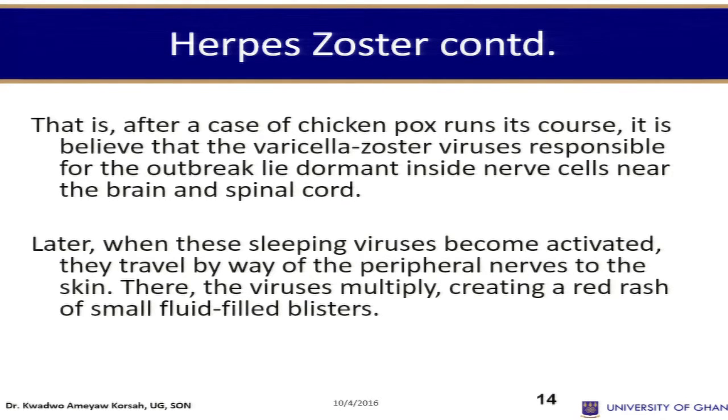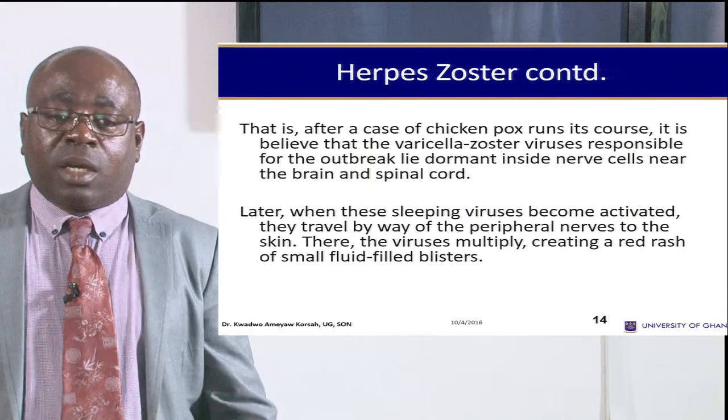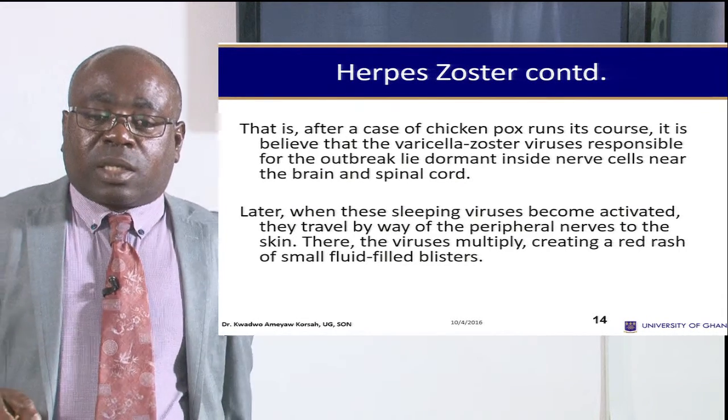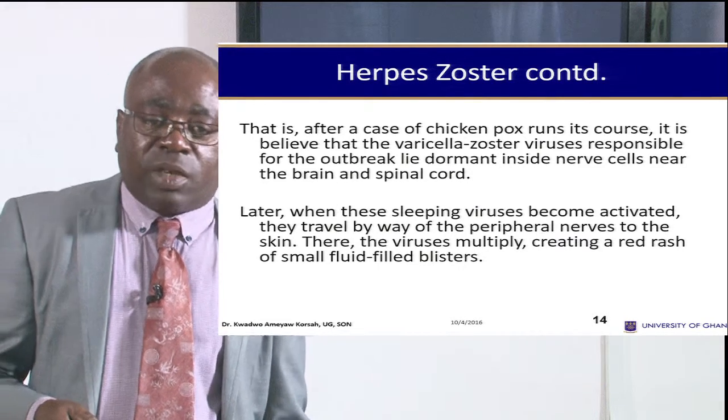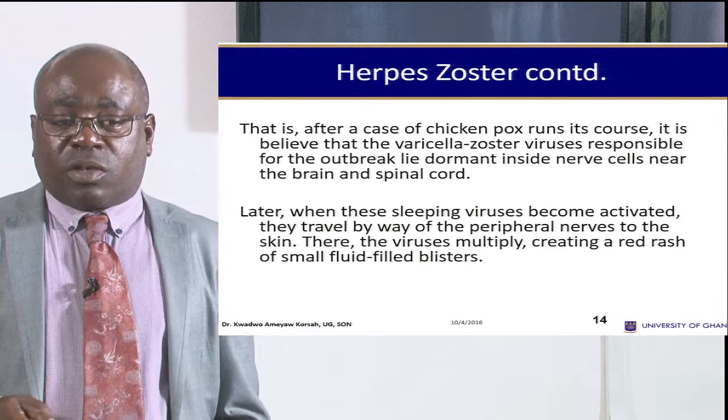After the case of chickenpox runs its course, it is believed that the organism responsible for the outbreak lies dormant inside the nerve ganglia, near the brain and the spinal cord. Later, when these sleeping viruses become activated, they travel by way of the peripheral nerve to the surface of the skin.